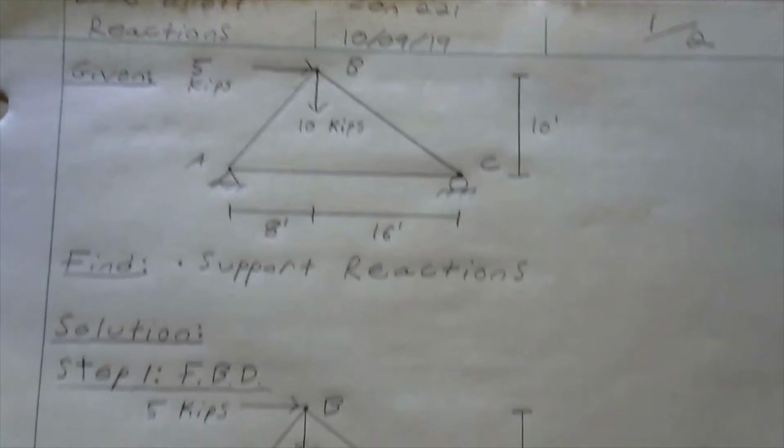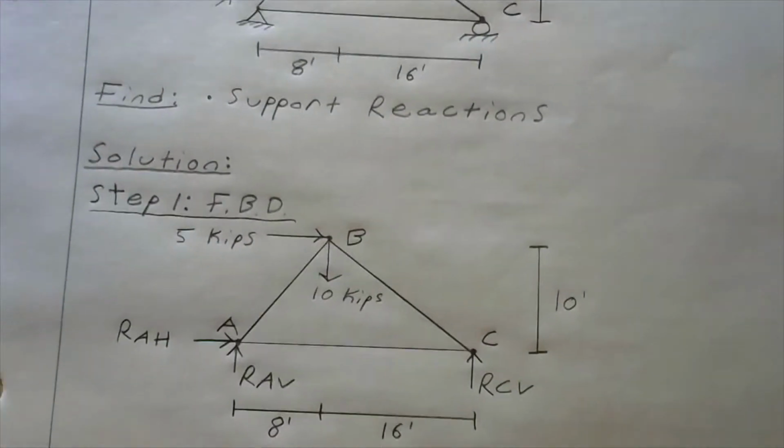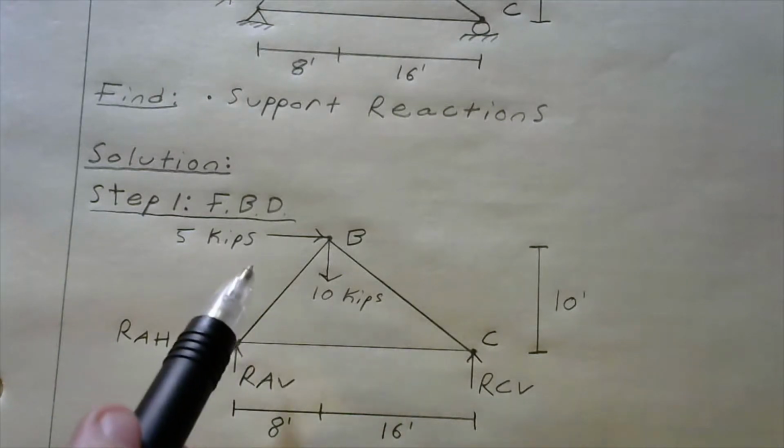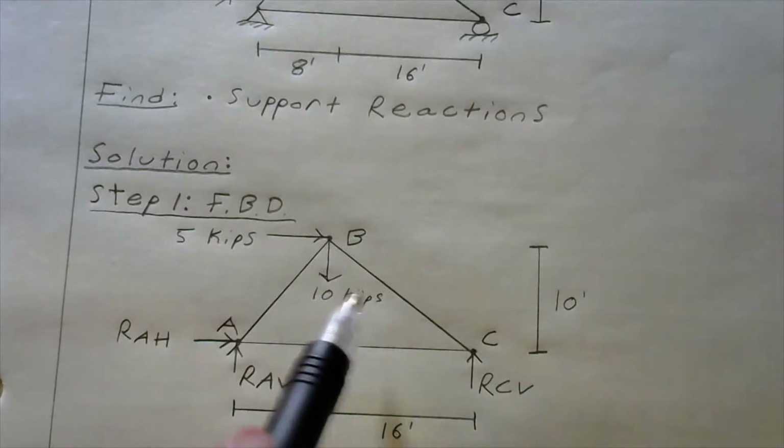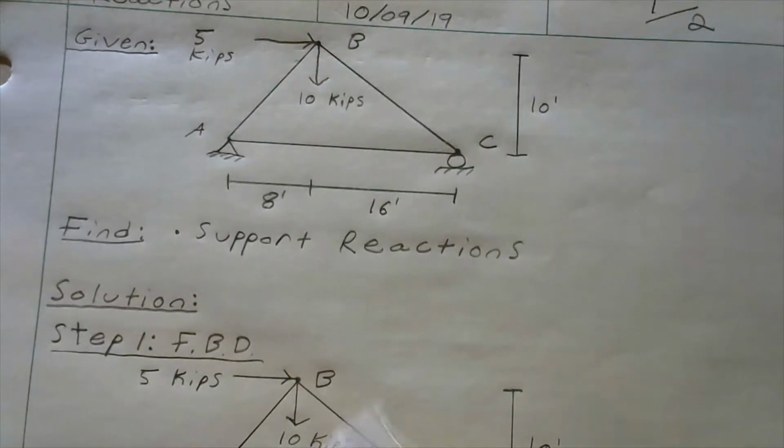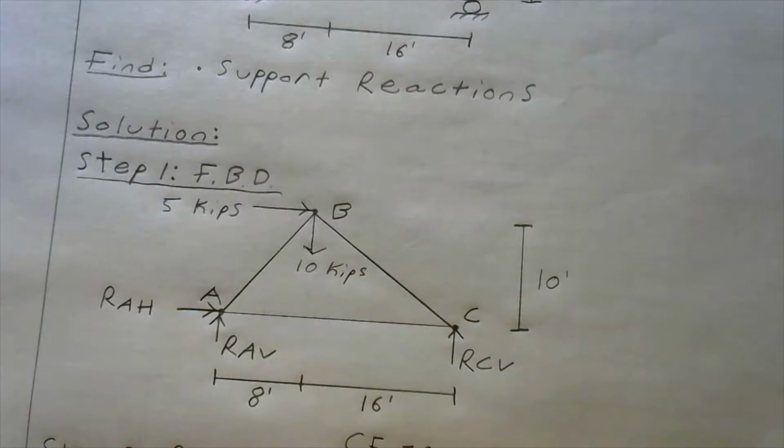And here's step 1: draw the free body diagram. You're going to include the forces, this 5 kips to the right, 10 kips down at B, right there. You're going to include the distances that are given.